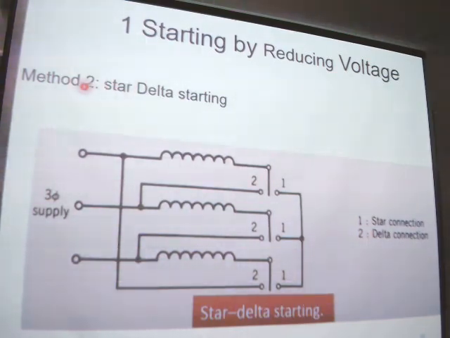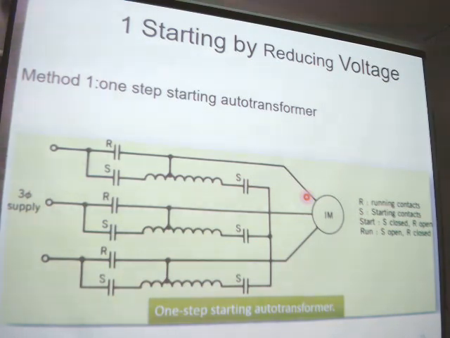Generally, this startup method is used for the squirrel cage motor. The last one also shows the stator winding, and we didn't see the rotor circuit. It's also a squirrel cage.